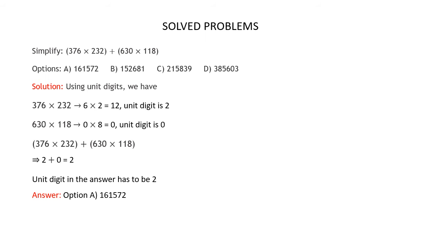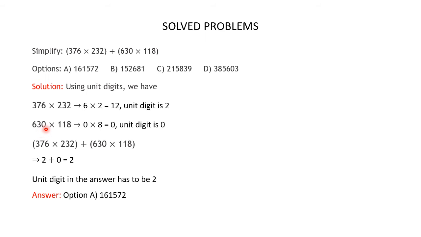So, for using the unit digit method, you have to consider only the unit digits of the given numbers. So, the unit digit of 376 is 6, unit digit of 232 is 2. So, 6 multiplied by 2 is 12. The unit digit of 12 is 2. So, the unit digit is 2.